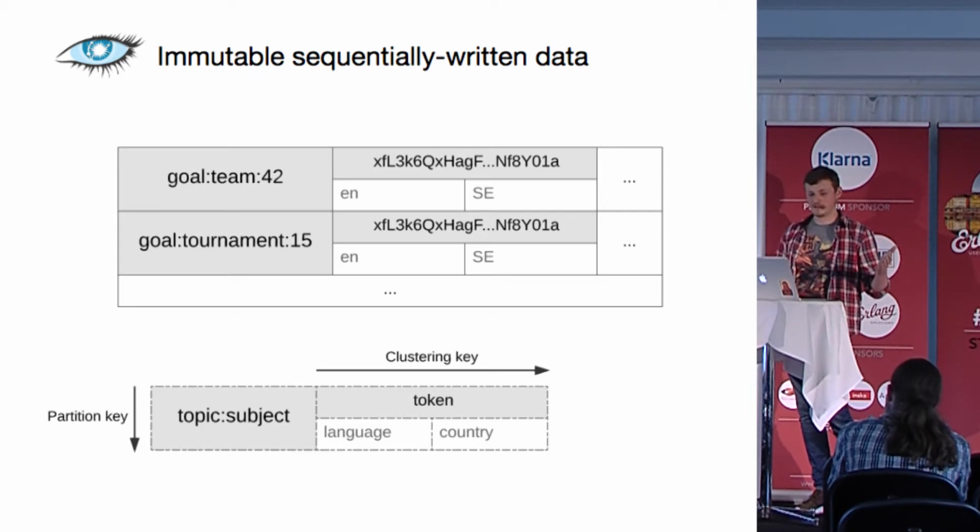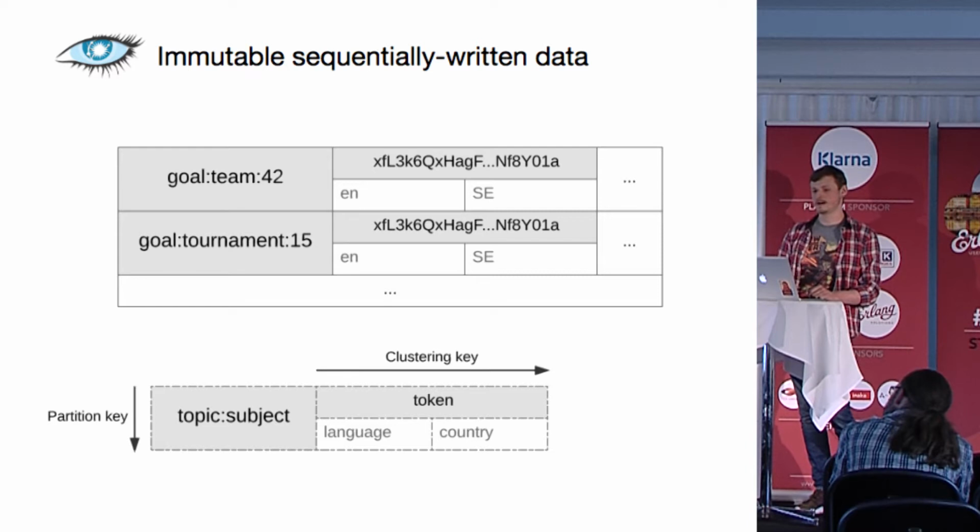Basically, when you write data for one partition key, as you see in this example, it's topic subject, everything starts to be added on a disk. And when you read millions of subscriptions, in a very ideal situation, it will be just one disk seek. In reality, of course, it's not. It will be 40, maybe. Still better than when you read millions from relational databases.